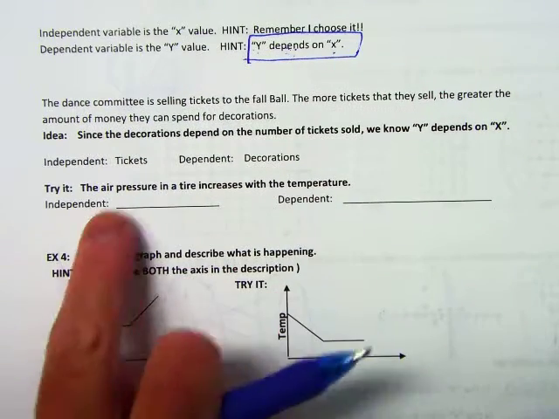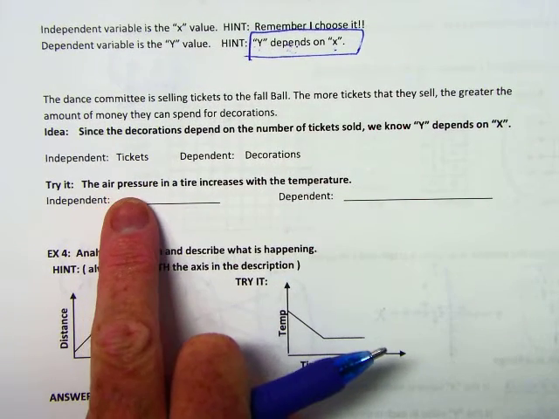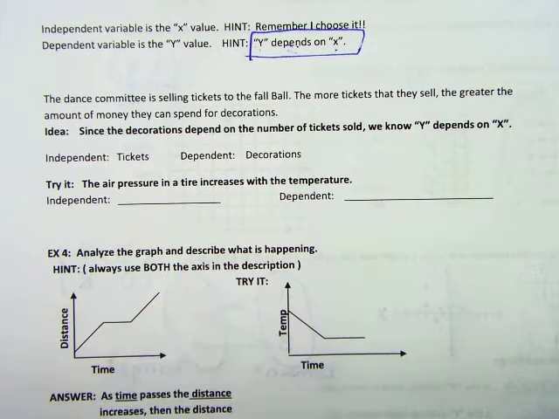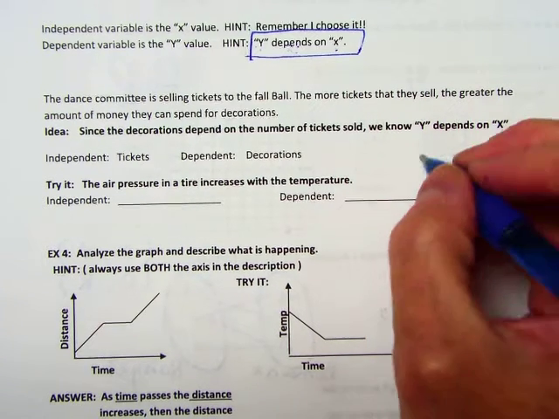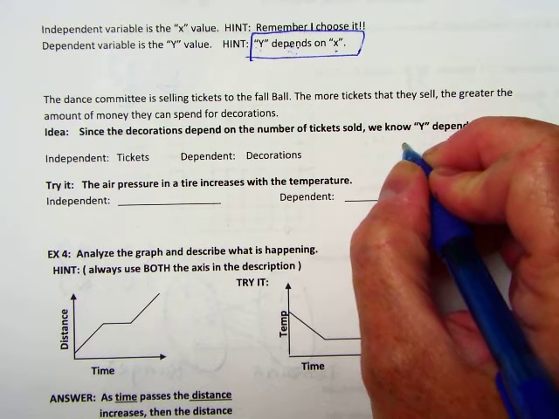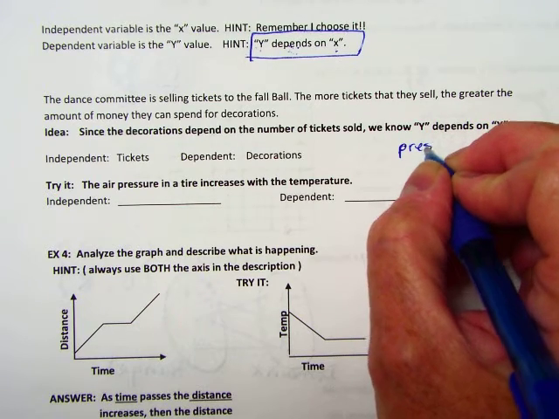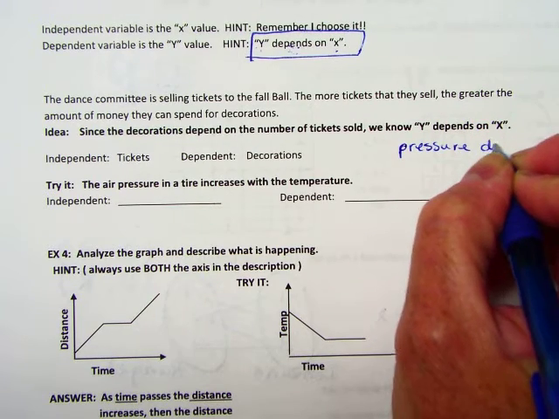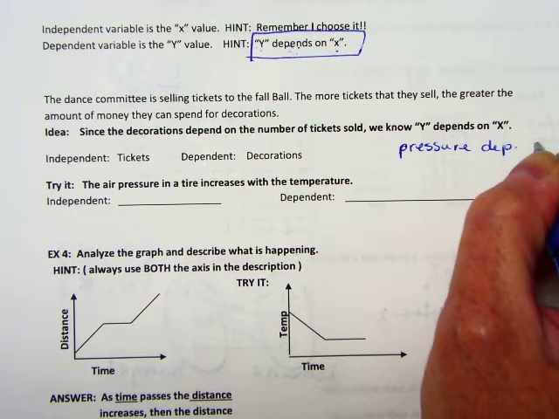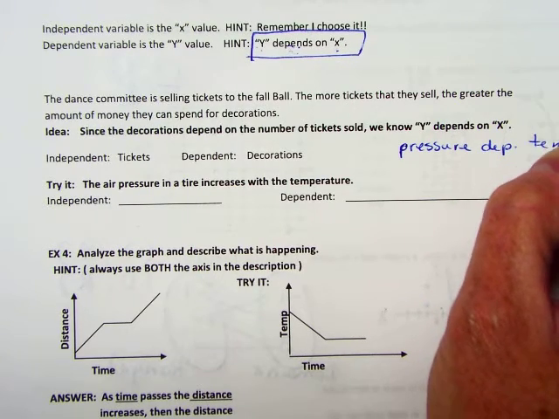See if you can figure out which one's which on this air pressure example. The air pressure in a tire increases with temperature. So does the pressure depend on the temperature?